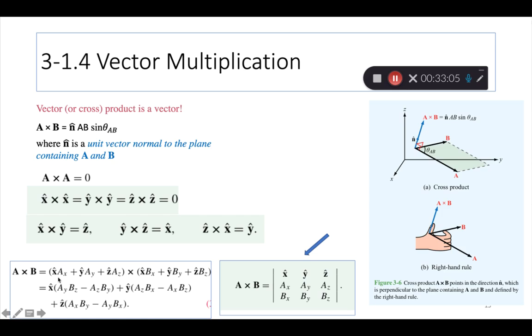If you want to do A cross B, the easiest way, I mean, you can remember this formula, or the easiest way to write it is to write x, y, z on the first row, write the coordinates ax, ay, az on the second row, then bx, by, bz on the third row, and then take the determinant. I hope you know how to do the determinant. If not, this is a good time to practice.